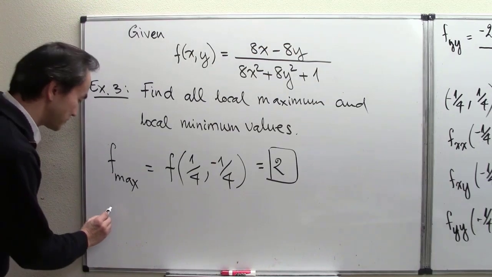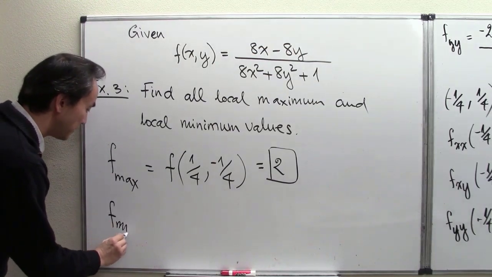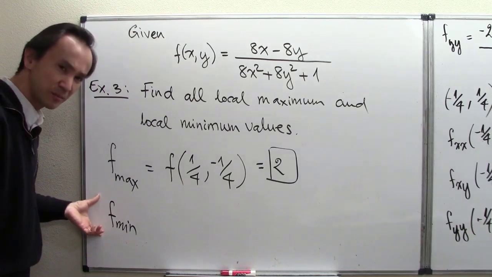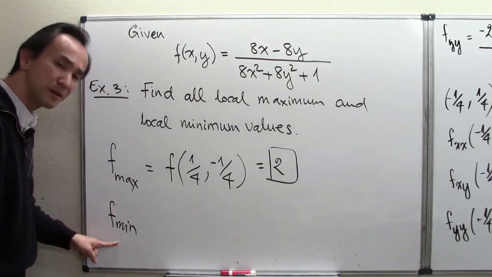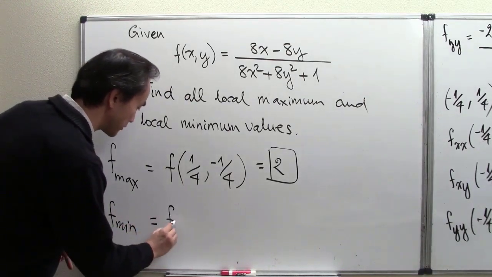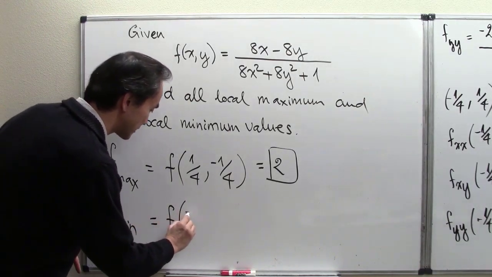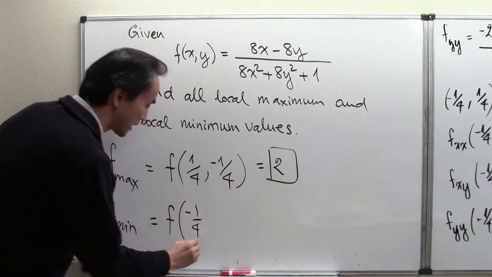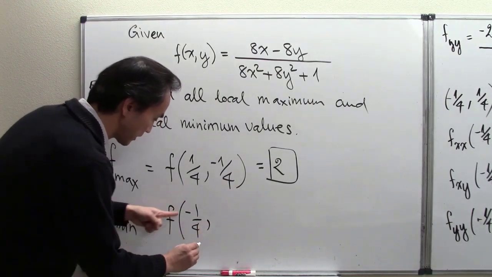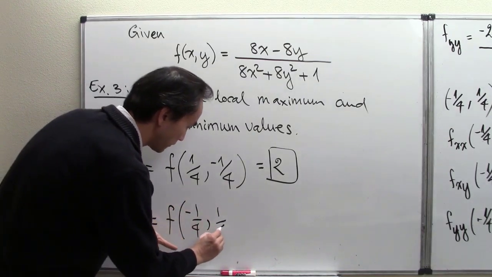On the other hand, now the minimum value for our function. It's just my style, maybe similar to many other professors, but f minimum, the local minimum for our function, is the function evaluated at the critical point that reaches the local minimum here. So (-1/4, 1/4).